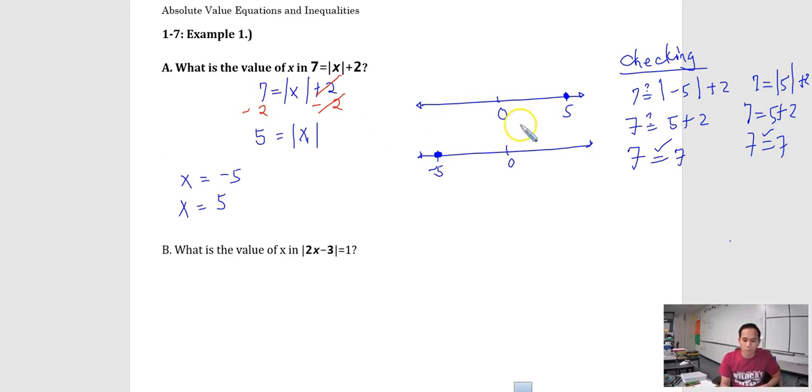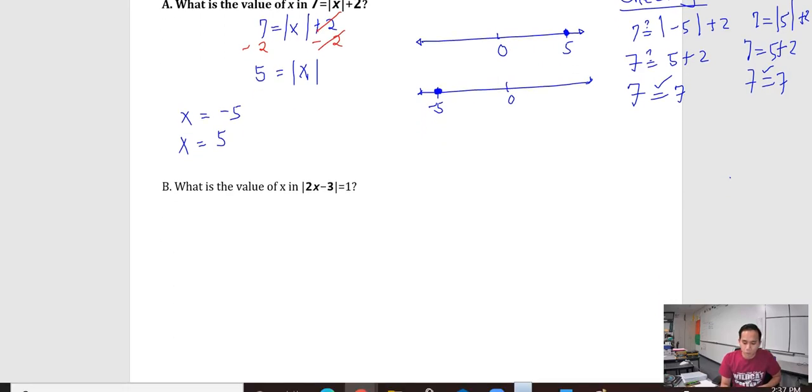So we are going to do it this way. I'm going to divide this. And then I have here 2x minus 3 is equal to positive 1. Or it can be the negative part of it, which is 2x minus 3 is equal to negative 1. And then from there, you can solve.